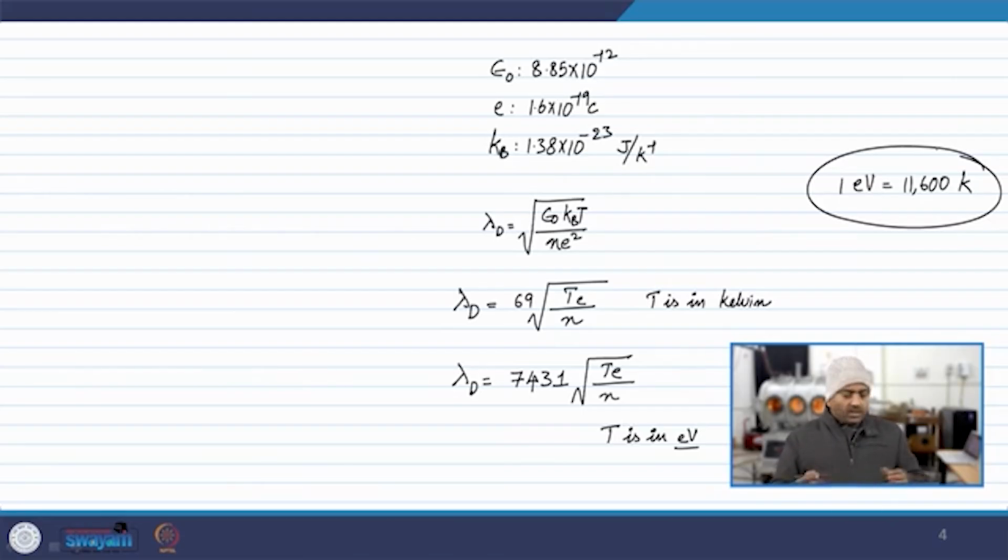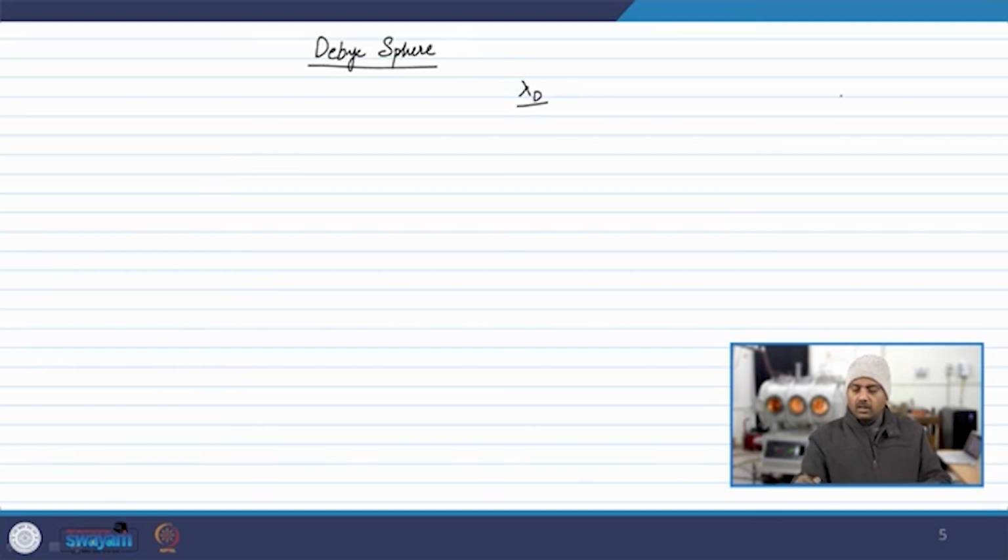In extension to this concept, we discuss what is called the Debye sphere. What is a Debye sphere? Construct a sphere with a radius of lambda d. You have a sphere whose radius is lambda d. This sphere is called the Debye sphere.